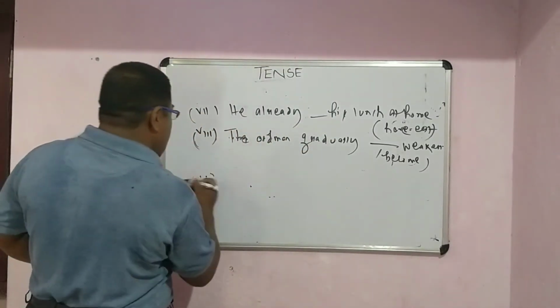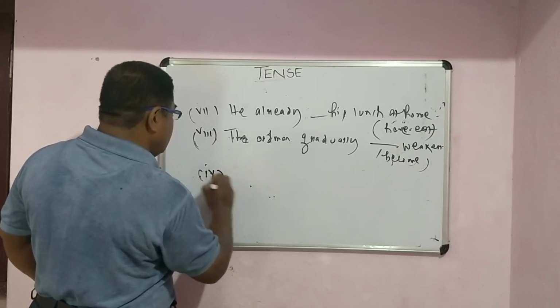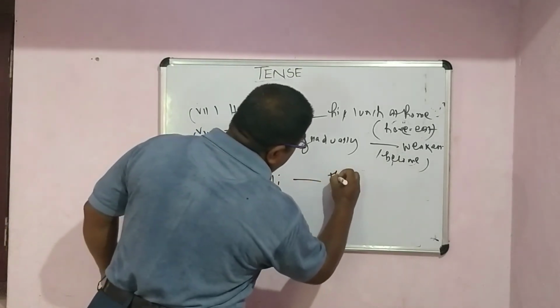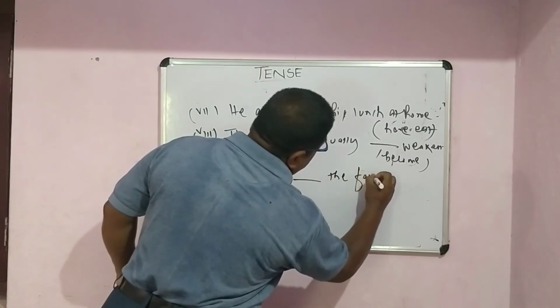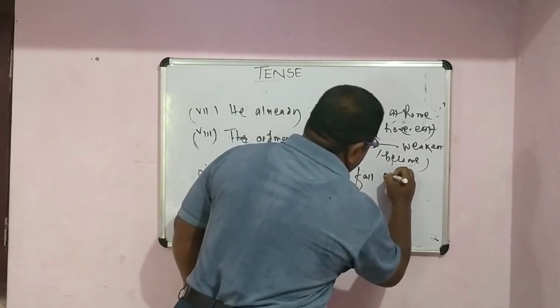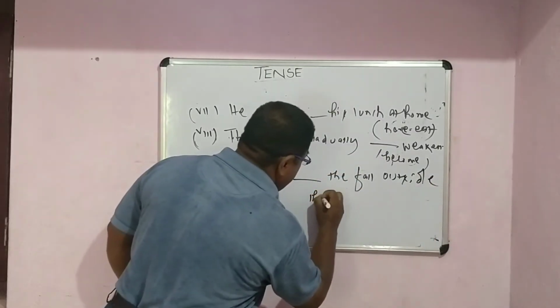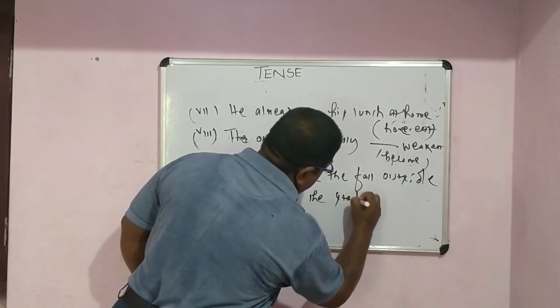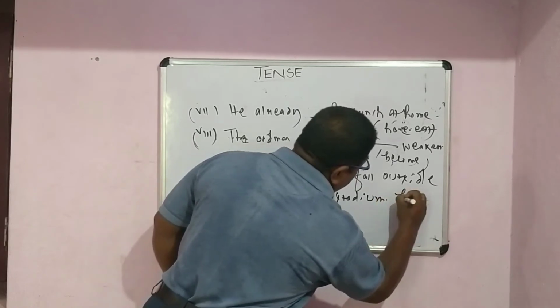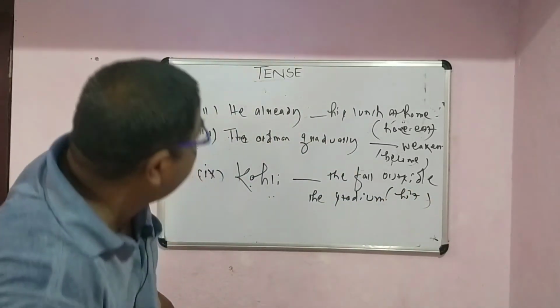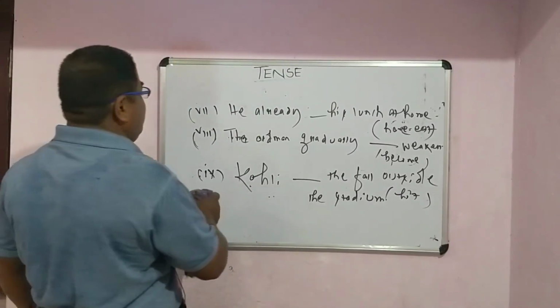Question number 9. Kohli dash the ball outside the stadium. Outside the stadium. Within the bracket, hit. Hit means strike. Kohli dash the ball outside the stadium, hit.